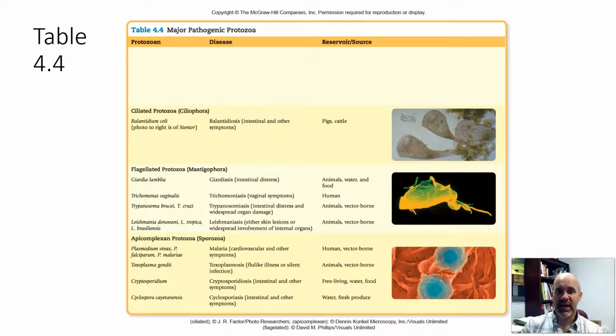So anything that gets contaminated with feces from an infected person can have these cysts, and if you touch something that's been contaminated with feces and put your fingers in your mouth and you swallow those cysts, they can go on to become active trophozoites in your intestinal tract, and then you have a Giardia infection. I've never had it, but I understand it's not a very pleasant thing to have.